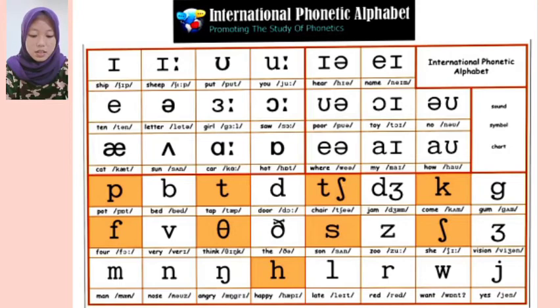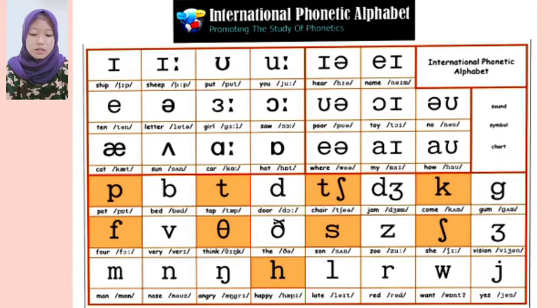The next one is i. The example is mine. The next one is ow. The example is how. And then there is the p sound. The example is pot.